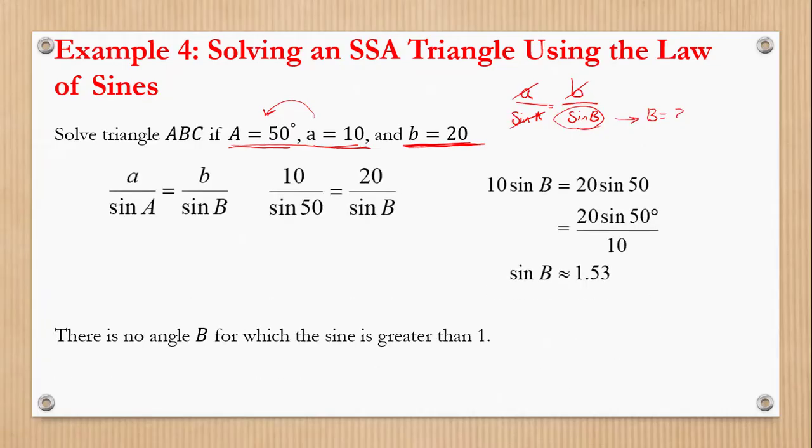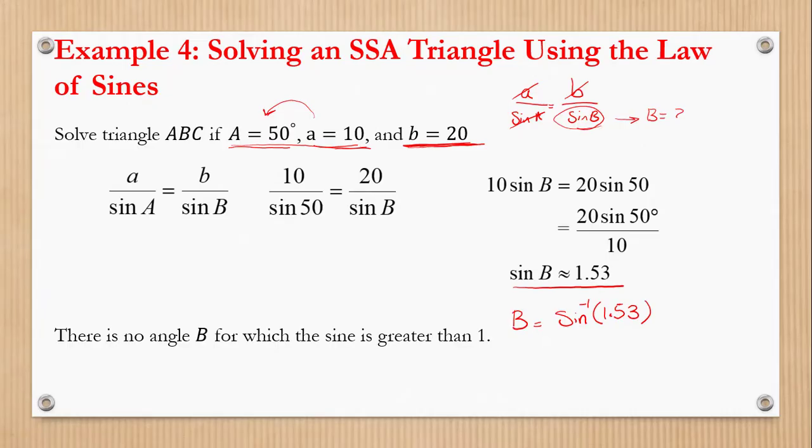If we replace numbers and try to find sine B, we get that sine B must be 1.53 if we put that in the calculator. Now I have to use the calculator to find angle B, and to find angle B you use the sine inverse key. If you type this in the calculator, you don't get any answer. You may get an error. Why? Because we said that the sine and cosine of any angle is always a number between -1 and 1.